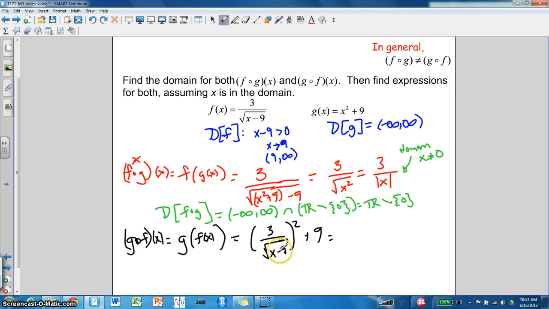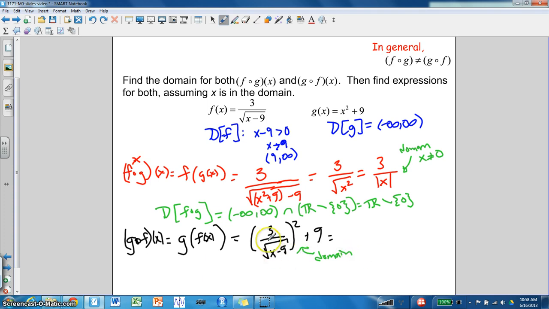Okay, I can do this, but keep in mind I need to find the domain. Well, the domain here is actually going to be just the same here. So what values would make this expression undefined? And really, it's just saying, well, I can't have these values, but that's already the domain of f. So I'm just going to make a little note, domain.